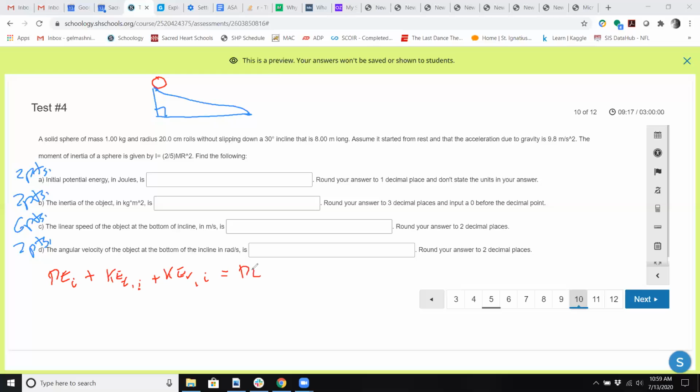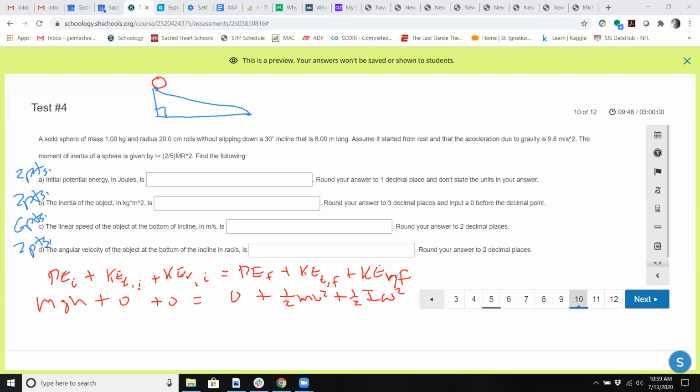Then the final potential energy, which is 0, because you're down the hill, plus the final translational kinetic energy, which of course is not 0, and the final rotational kinetic energy, which also is not 0. So we know these are 0. That's going to be mgh. That's 0. That's going to be 1/2 mv squared plus 1/2 I omega squared for the rotational kinetic energy. So you just do that right away.